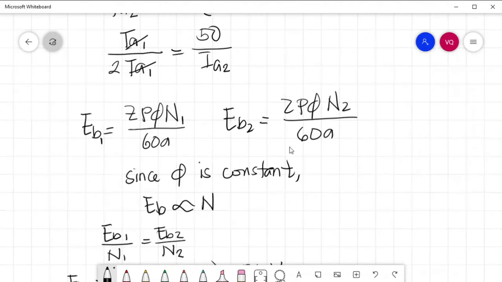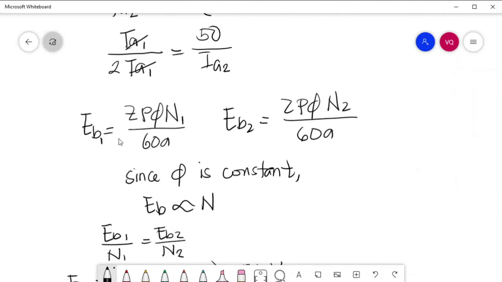We can solve back EMF by Zphin divided by 60A. And since flux is constant, the number of conductors, number of poles and the parallel path are not given in the problem. Therefore, we can say that the back EMF is directly proportional to the speed.